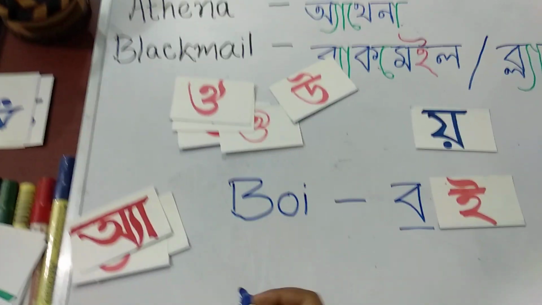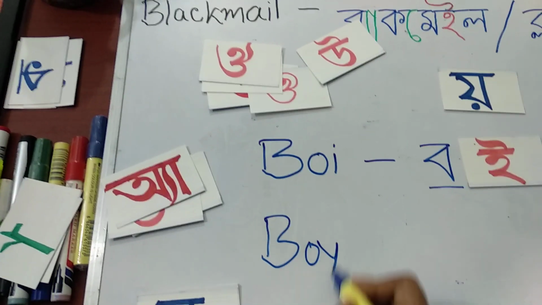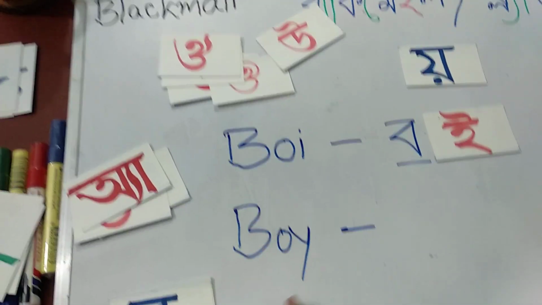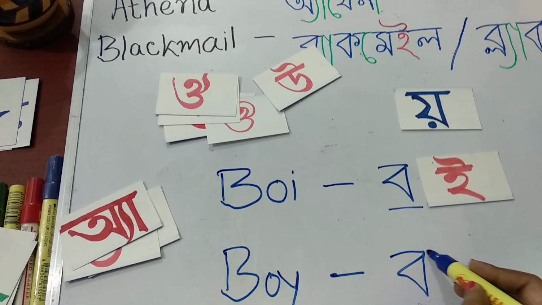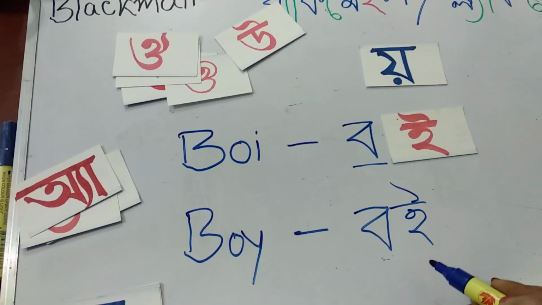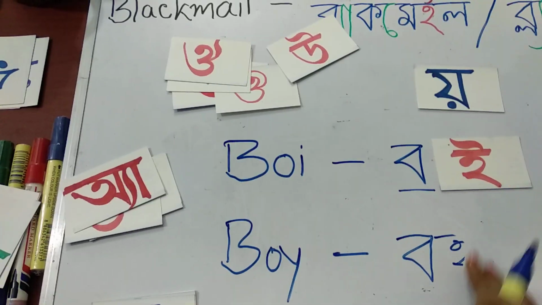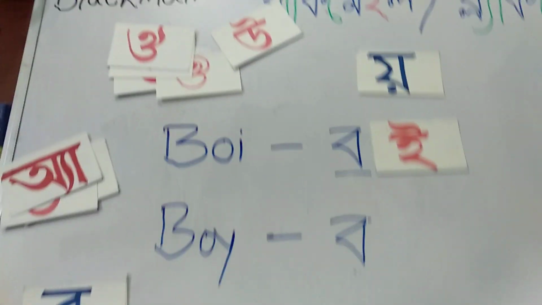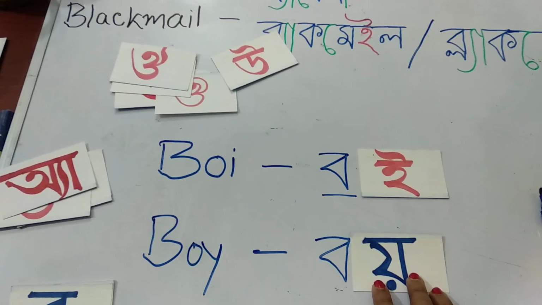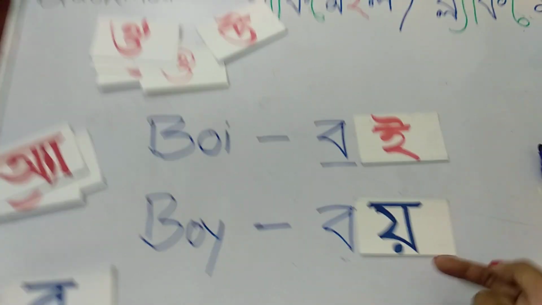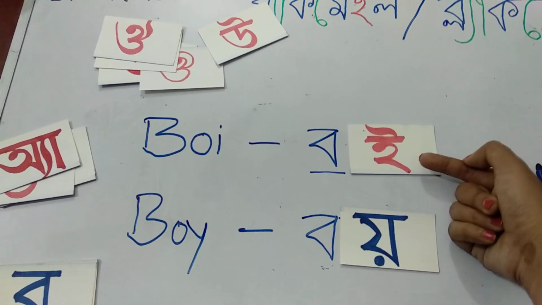Then, what about the English boy? So in English, there is a word called boy. How to write it? If I write bo and then if I again add this E, it will be again boy, but we need boy, right? What to do? Okay, this is when we will use this letter, and you can see this letter is written in blue and this letter is written in red because this is vowel.